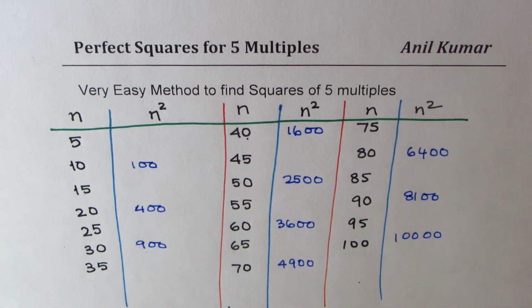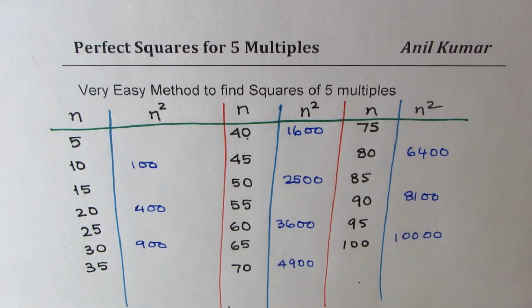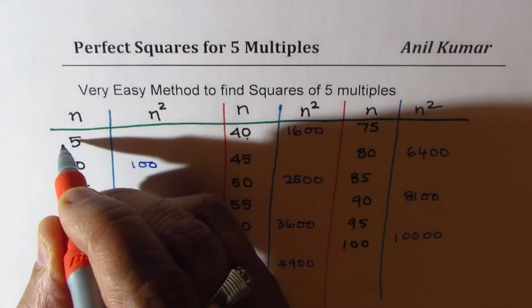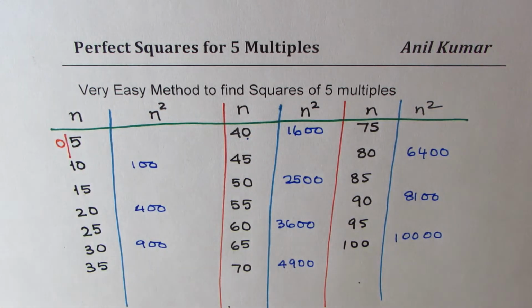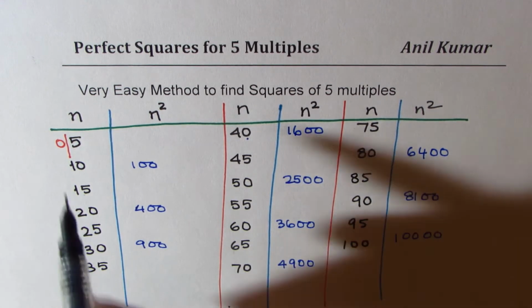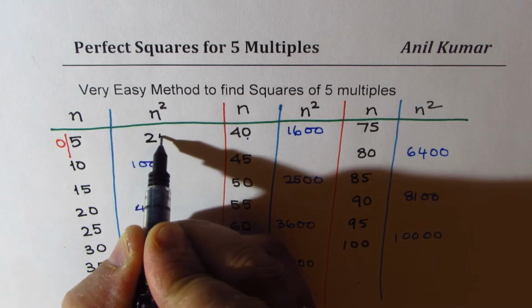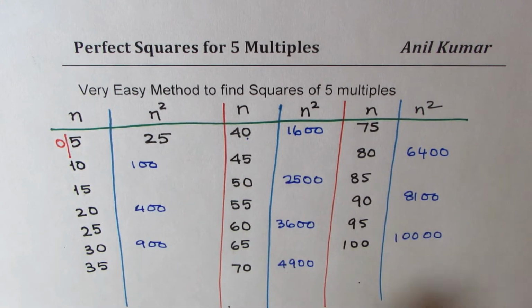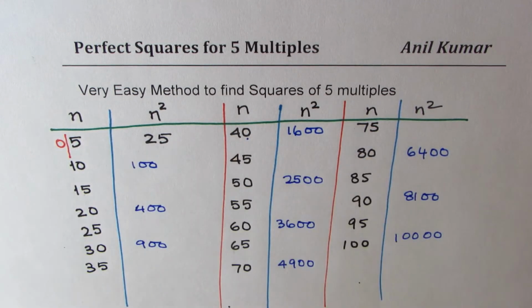Now, how do we get the squares of numbers ending with 5? The trick here is, for such numbers, think like this: the digits are a number and 5, correct? So 5 square is 25, and you know 5 square is 25, so we'll write this number first, which is 25. Let me show you with one particular number.